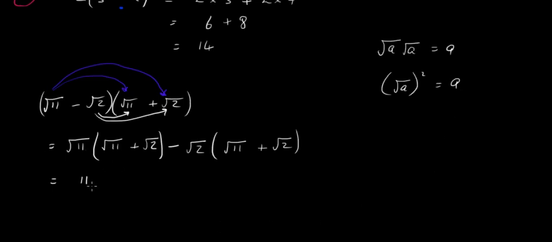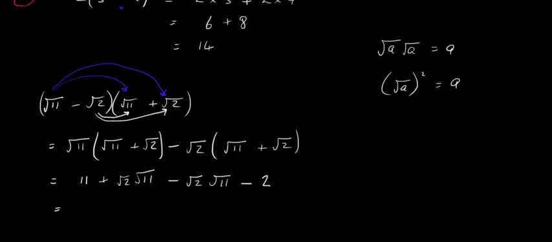Okay, so root 11 times root 11 is 11. Root 2 times root 11 here is plus anyway, so it's root 2 times root 11. Now here we've got to multiply these 2. So first of all it's plus times minus, which is minus root 2 times root 11. And here we've got minus times plus, which is minus. And again we've got a root 2 times root 2, so that's just simply 2.